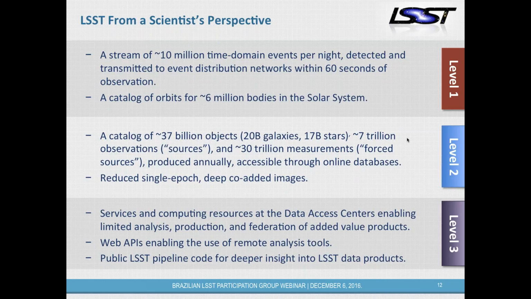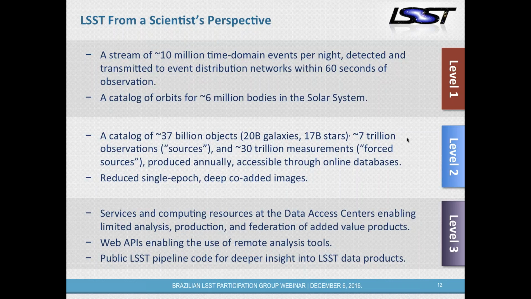Now, if you are not interested in real-time follow-up, so if you're not trying to catch objects that change on minute timescales or daily timescales or monthly, level 2 products are likely going to be of more interest to you.